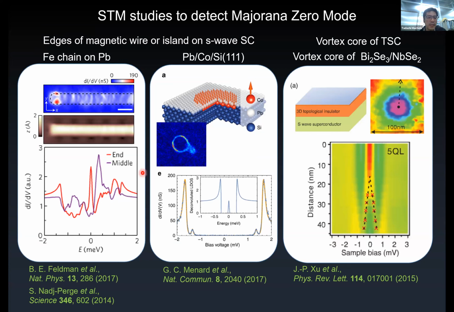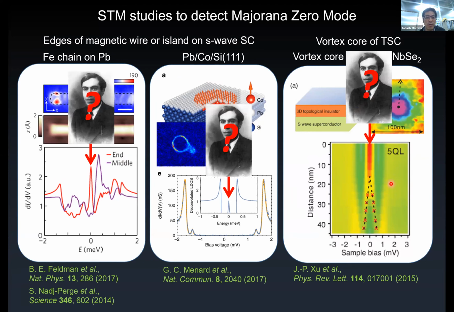We can see a clear zero energy peak in the tunneling spectrum taken at these edges and the vortex core of these candidate systems. However, it has still been controversial whether the observed zero energy peak really originates from the Majorana zero mode or not.